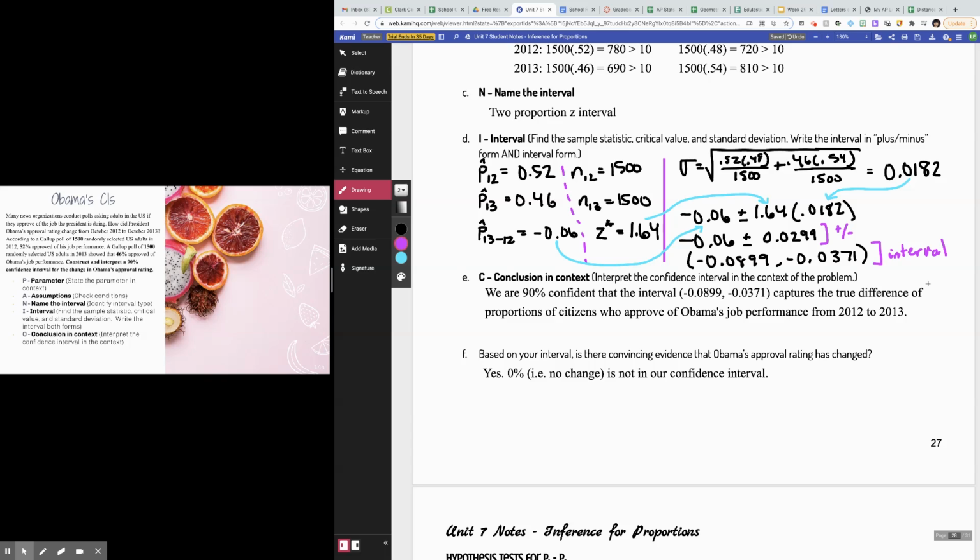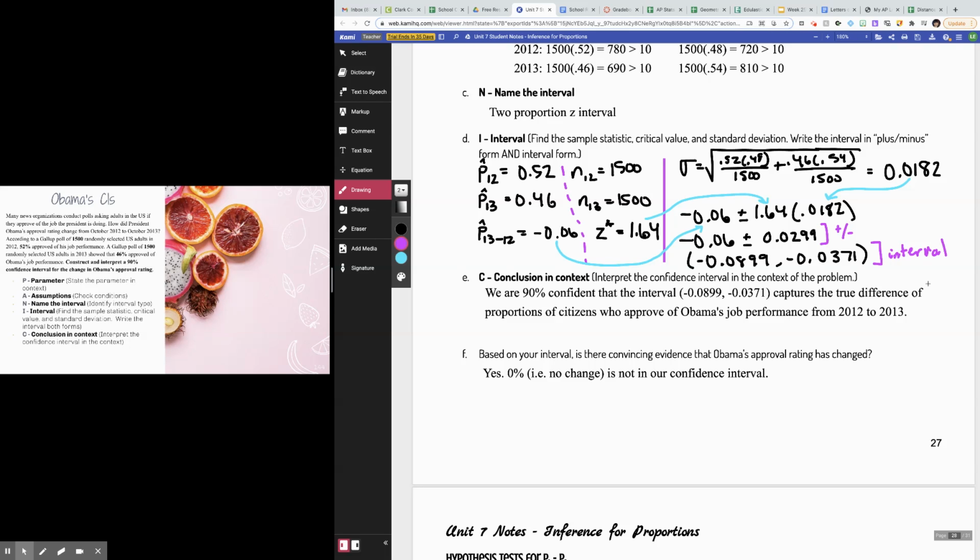Okay, so my final interval that I got there, lower bound to upper bound, was negative 0.0899 to negative 0.0371. Now, if you used 1.65 instead of 1.64, your interval is going to be slightly different than mine. That's okay, right? Not a big deal as long as your process is correct.